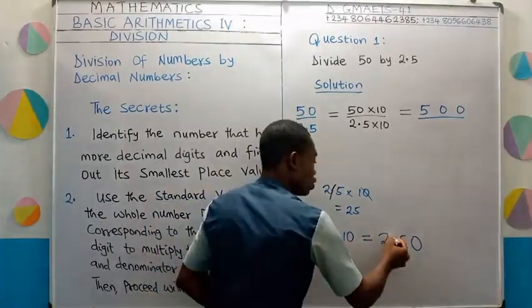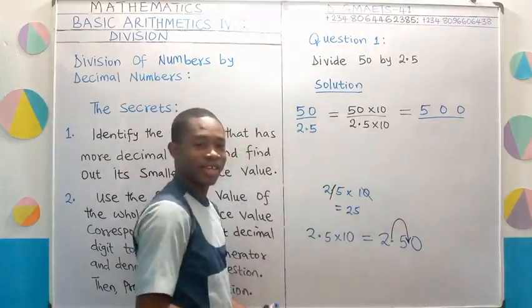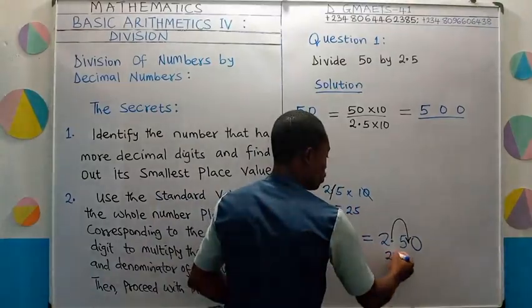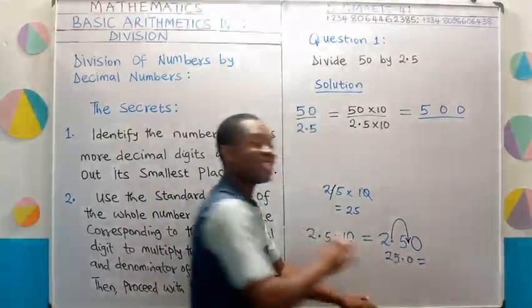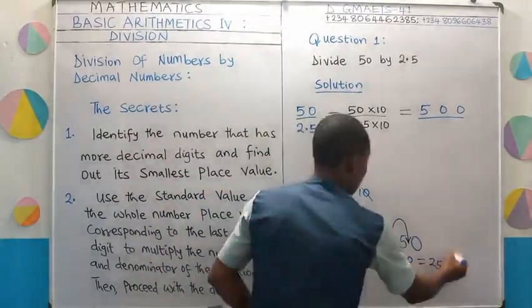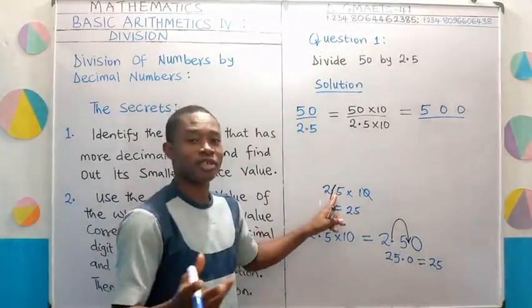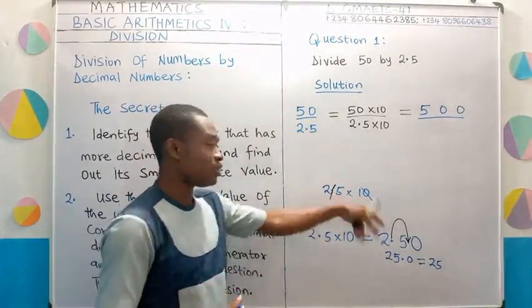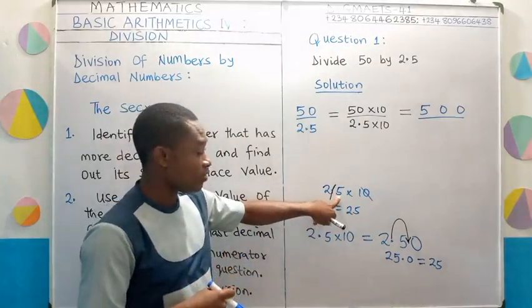I'm going to move the point just once to the right-hand side. You can see that, right? So this becomes 25.0. And in 25.0, this 0 is insignificant. It doesn't mean anything, you can just remove it. This becomes 25. Does that make sense? So I've taught you one of the fastest means of doing this, cancelling the number of zeros as a result of the number of decimal digits you have here.